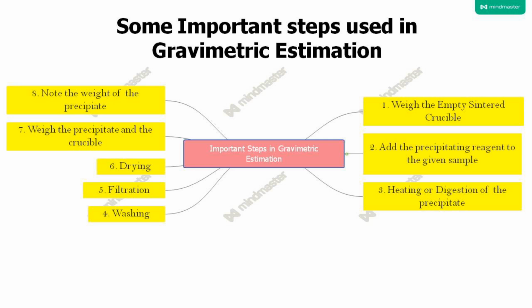Step number 4, washing. Step number 5, filtration. Step number 6, drying. Step number 7, weigh the precipitate along with the crucible. And step number 8, note the weight of the precipitate.